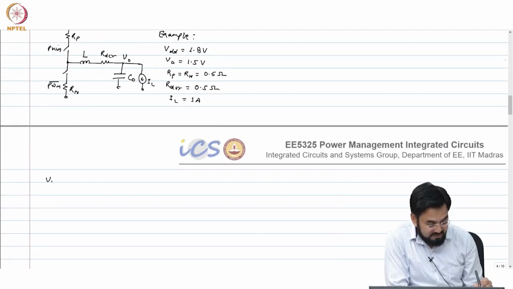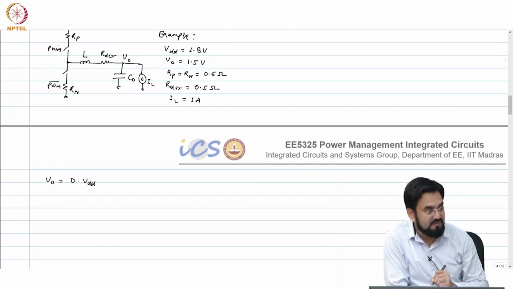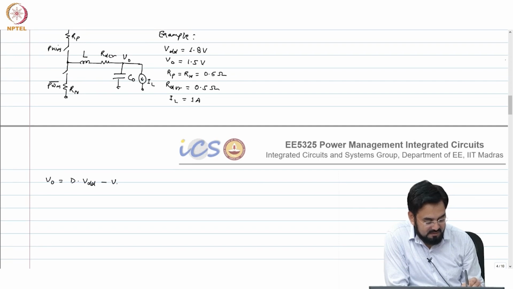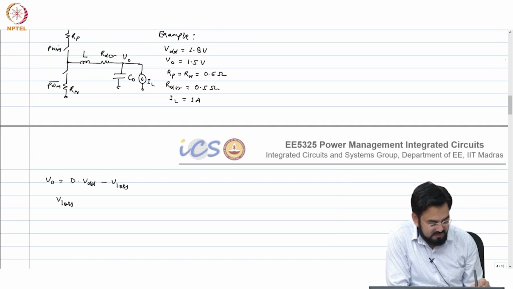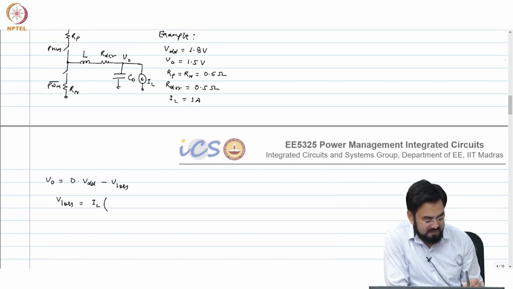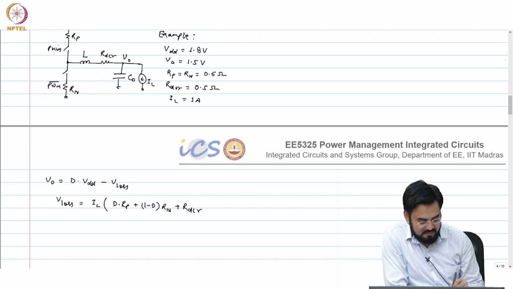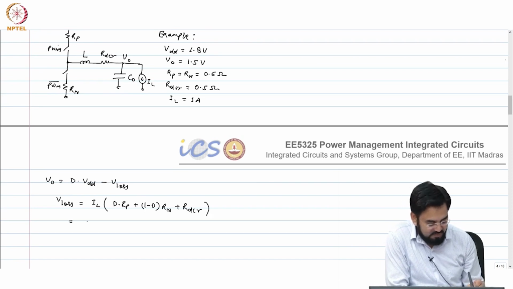Okay, so what is V out? V out is nothing but D times VDD minus V loss. And what is V loss? IL multiplied by D times Rp plus 1 minus D times Rn plus RDCR, with IL equal to 1 amp.